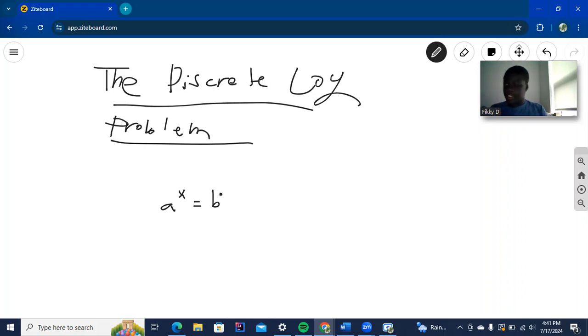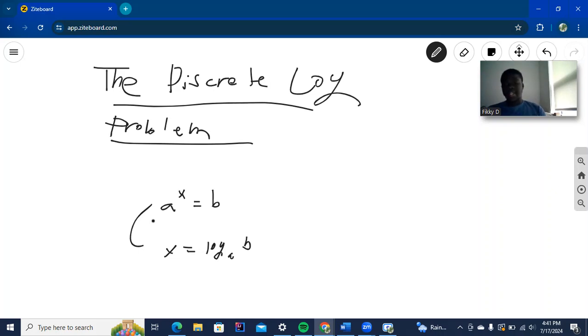It's very standard to say that we can use logarithms, and we would say x is the logarithm base a of b. That's by definition. These are two equivalent statements, just shuffled in different ways. So you can convert from exponential form to log form.